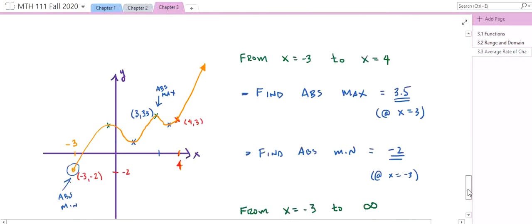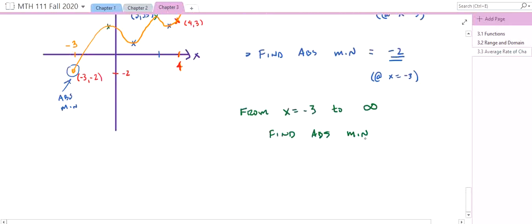Well, we're going from minus 3 to infinity again. Again, it's the same value that we had up there. Now if I ask you what the absolute max is, there's a problem. What's the problem?